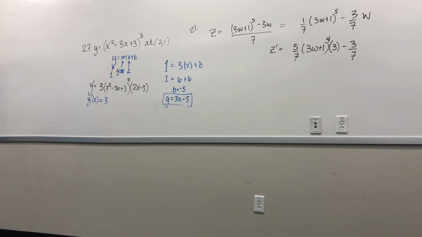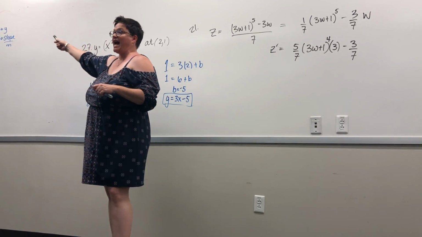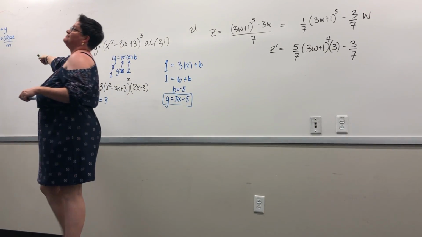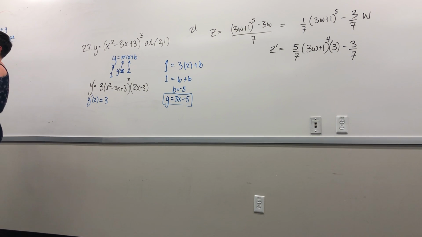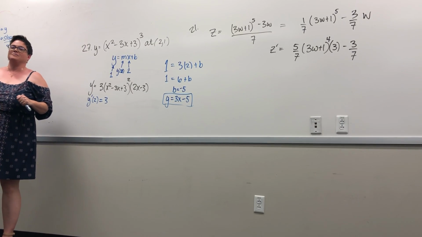Caitlin, if you plug an x into a function, what do you get out? y. And if you plug an x into a derivative, what do you get out? Slope. Slope is just m. I'm here to remind you guys, and that is why I write it up every class, because somebody will forget it. So don't laugh, because next time it'll be you.